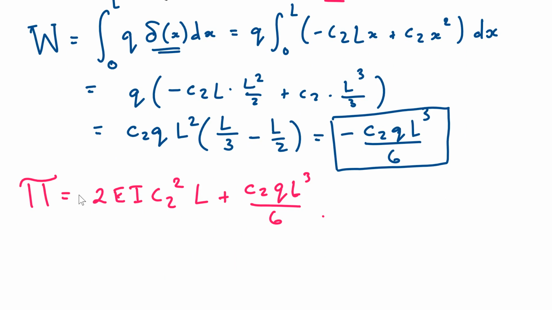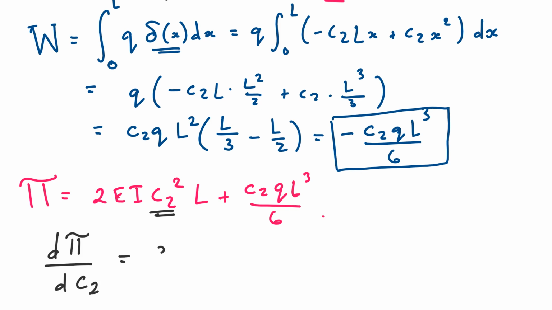So we're actually taking the derivative. Let me go back to black here. We're taking the derivative of the potential energy with respect to delta. But not really with respect to delta, because delta is not explicitly in here. But what is the variable in here that we don't know? C2. So we're finding the derivative with respect to C2.